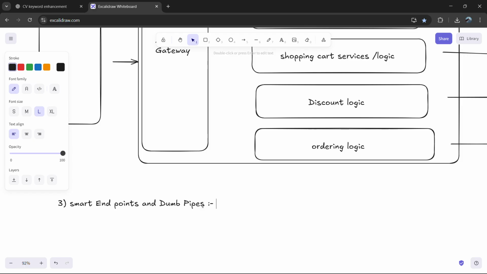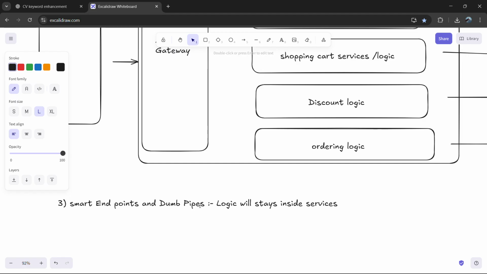What is the meaning of this point? Smart endpoints and dumb pipes. The basic concept of this point is that the logic of our code stays inside services.